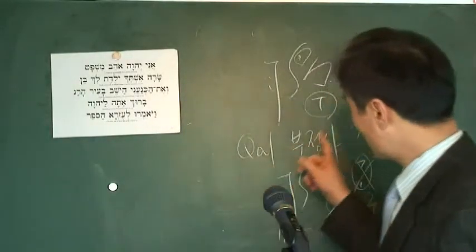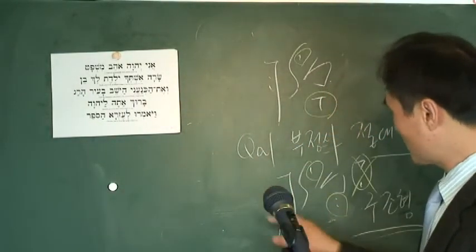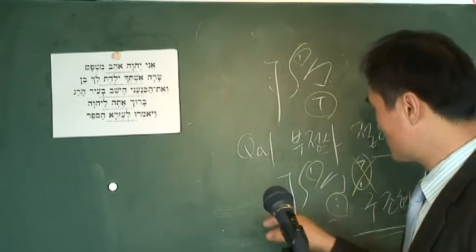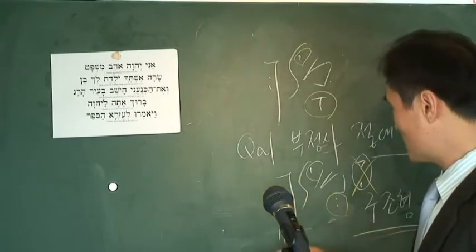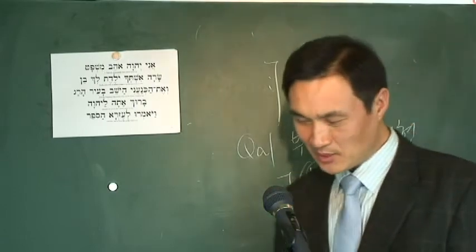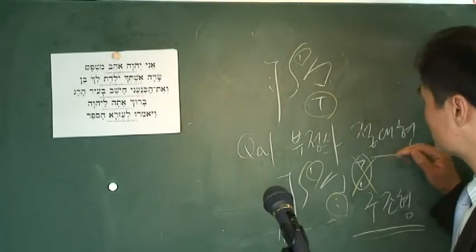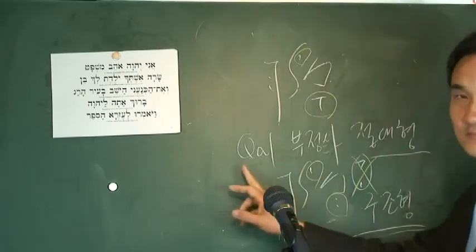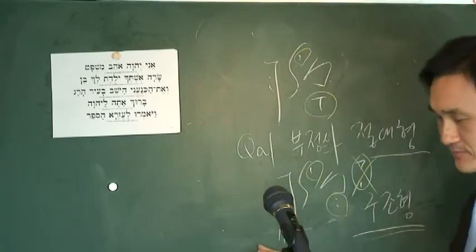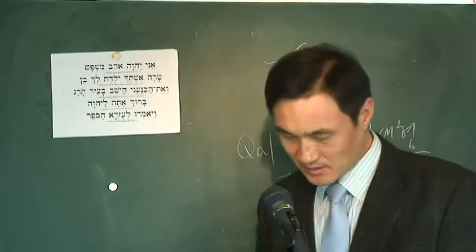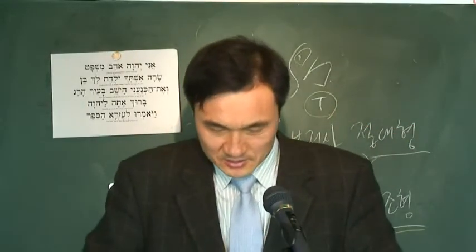The absolute state is used independently, and the construct state is the combination of different words. The absolute state and the construct state are separated in that sense.